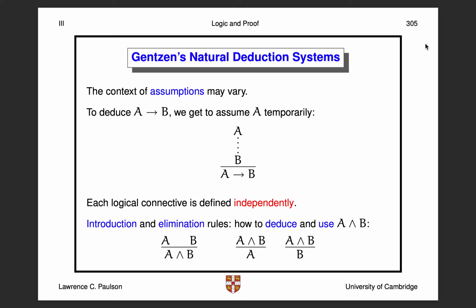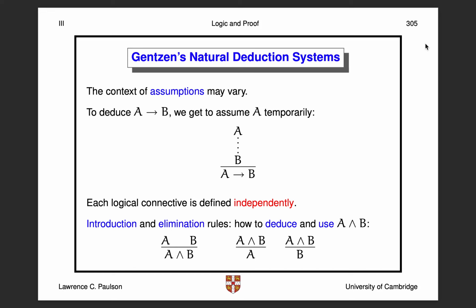The distinguishing feature of Hilbert systems is they are based primarily on axioms with one or two inference rules, and you're working strictly with formulas.